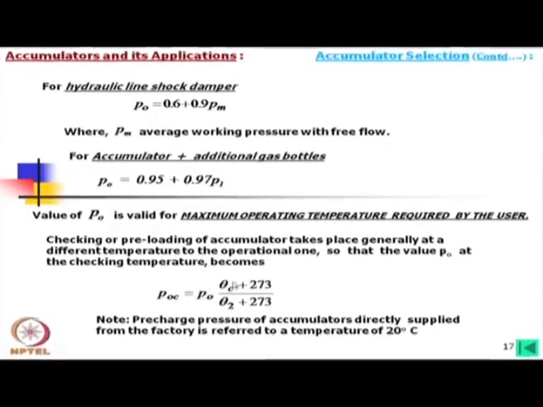This must be the temperature in Celsius. Precharge pressure of accumulators directly supplied from the factory is referred to a temperature of 20 degrees centigrade.